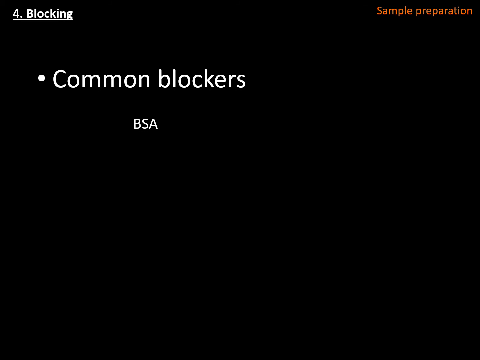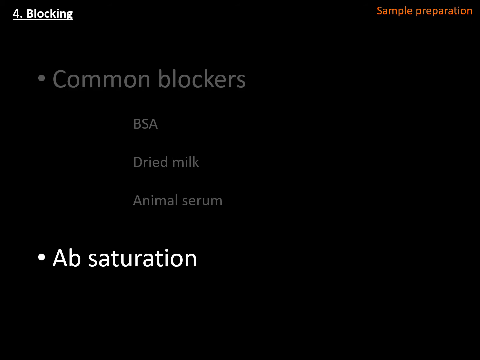Common blockings are bovine serum albumin, BSA, dried milk, animal serum, or you can also use antibody saturation. In this case, you use a highly concentrated solution of your antibody that you pre-incubate with a tissue of interest that is not going to be used for your analysis, in order to allow antibodies that interact non-specifically to be attached to that tissue.